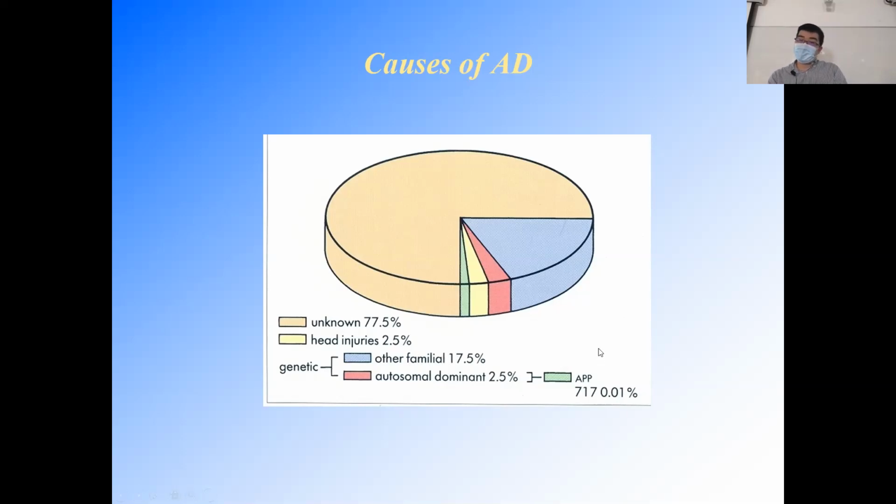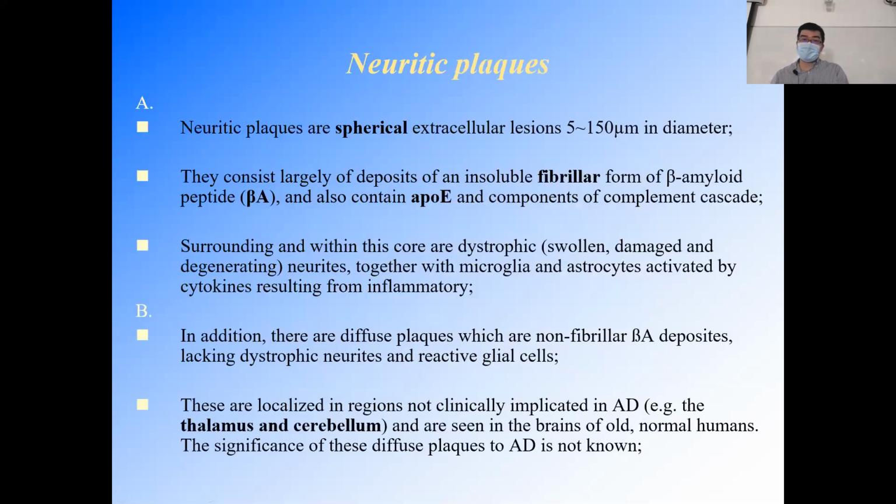Now, so far there are cases that have been found, particularly in the case of the so-called APP mutation. The finding of this proves that the problem is in some of the protein metabolism.